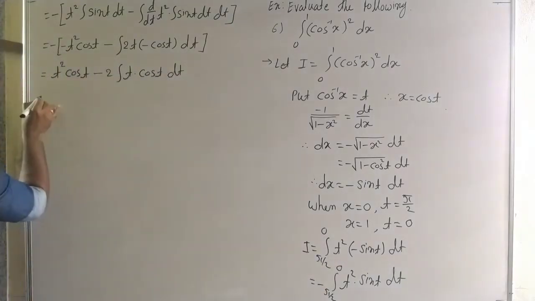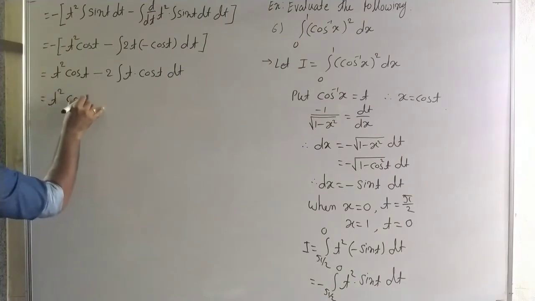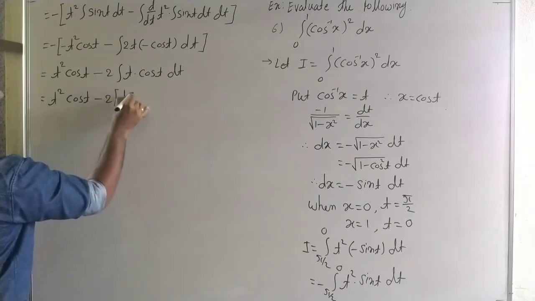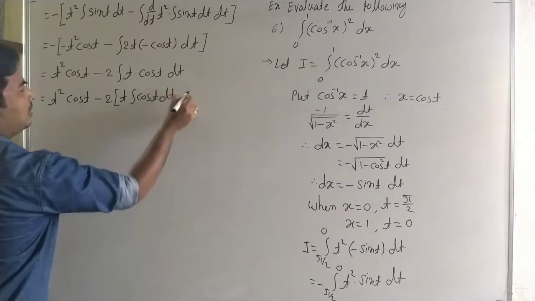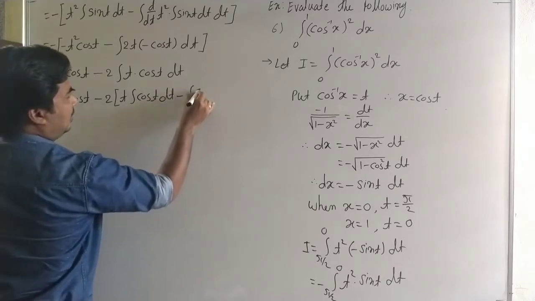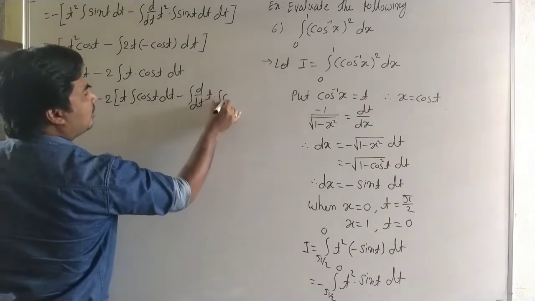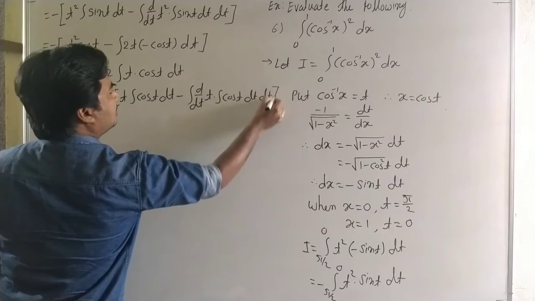Then t square into cos t, minus 2 into t into the integral of cos t dt, minus the integral of the derivative of t into the integral of cos t dt.